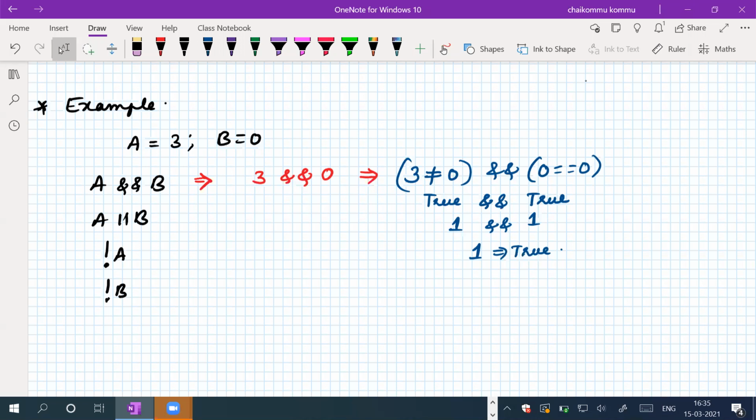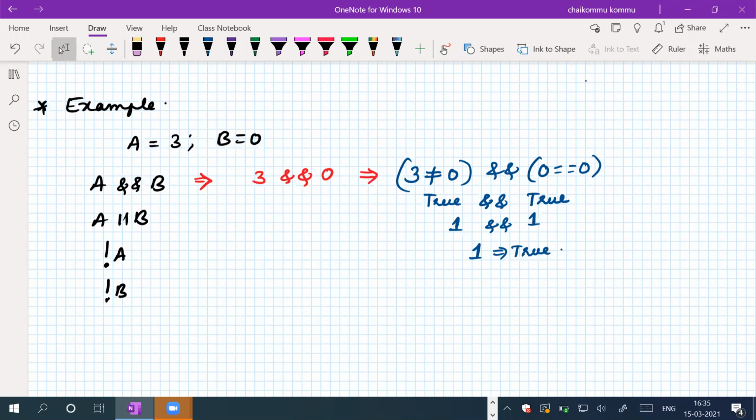A is equal to 3 and B is equal to 0. B is equal to 0 means what?